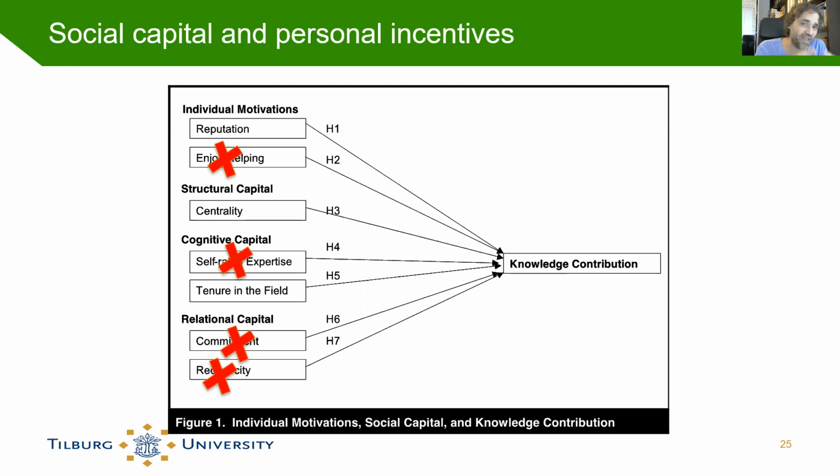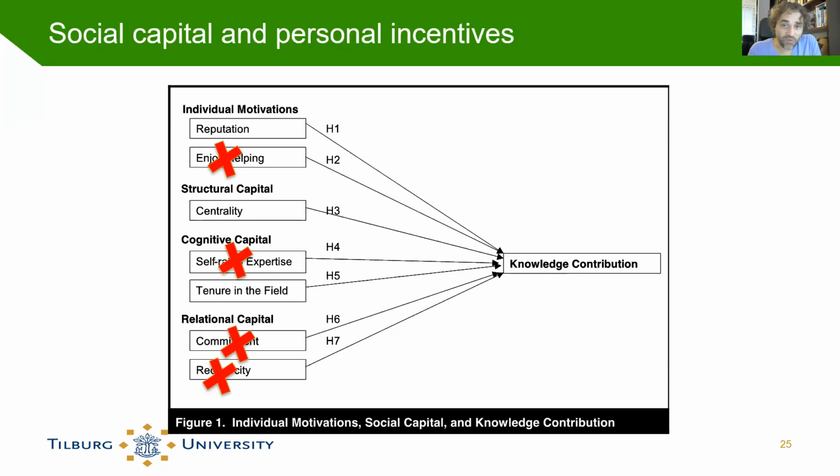So the important thing of this paper is to remember that those three parts of social capital, structural, cognitive, and relational social capital, are all three very important things to stimulate in order to convince people to start communicating with each other and start sharing knowledge.